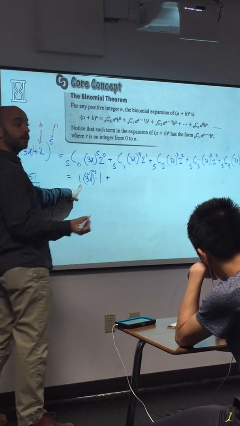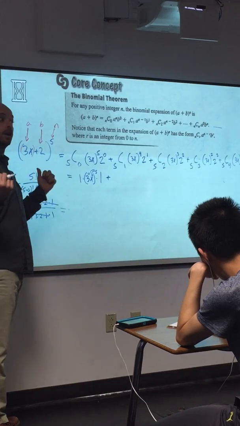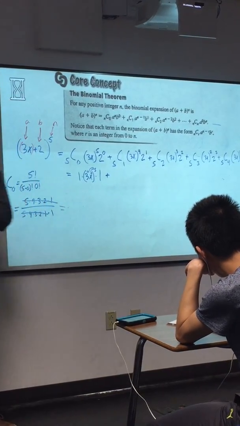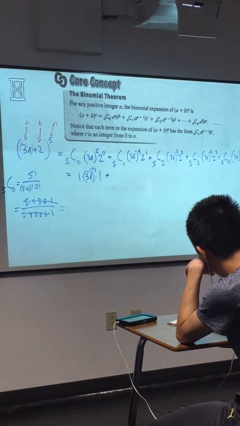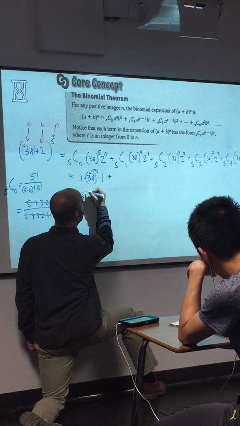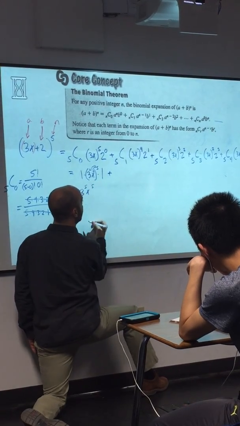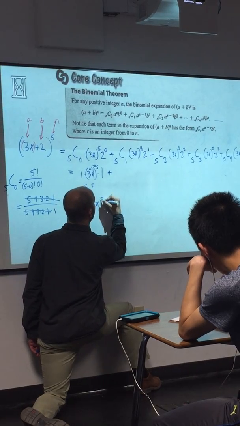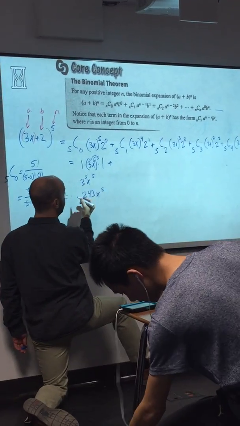So the ones, they're just ninjas, so they're going to disappear. But what we are going to have here is 3 to the 5th power, which I don't know off the top of my head. Oh, thank you. 243? So this is 3 to the 5th, x to the 5th, and 3 to the 5th is 243, x to the 5th. That is the first term here.